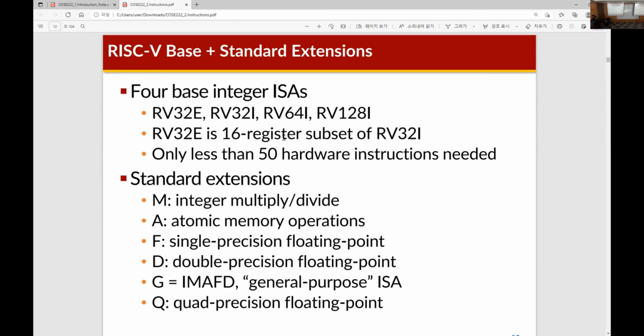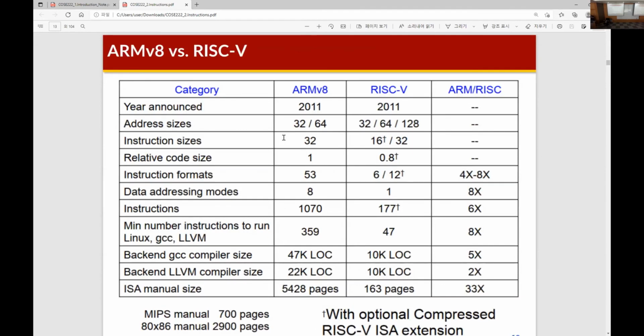And we will just cover the I-type instructions, which means integer instructions. Also, you can compare the size and complexity of the instruction sets like this. This slide shows that RISC-V is very simple and efficient.